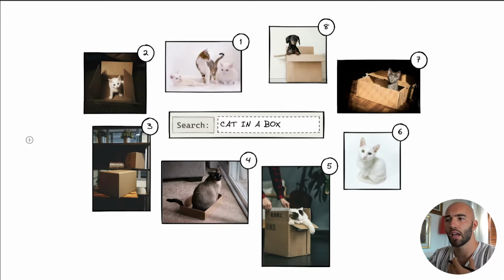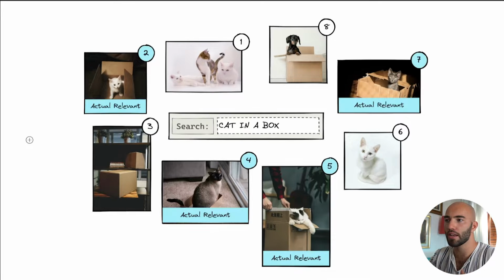In this case, our query is cat in a box, and we may return any 8 of these images in any particular order. Of course, some of them are relevant and some of them are not. And we can see those relevant results here. So the actual relevant results refer to those results that we would like to return. Everything else is not relevant to us, so we would rather not return those results.